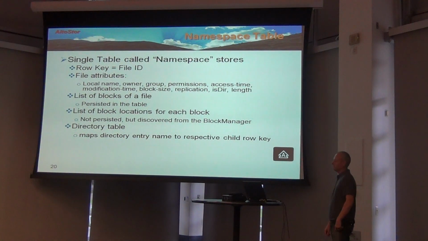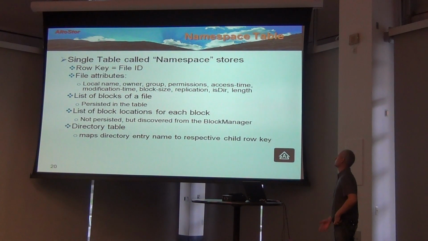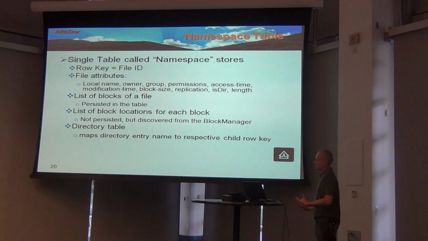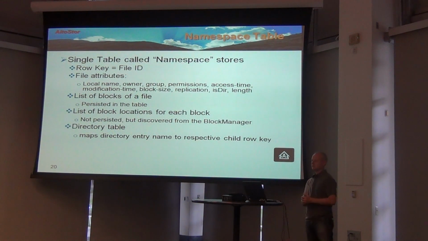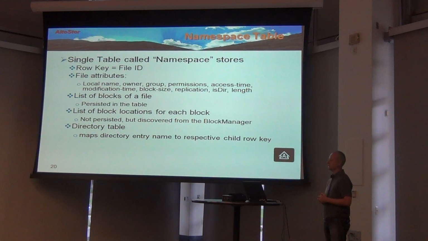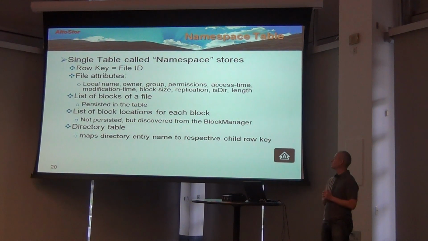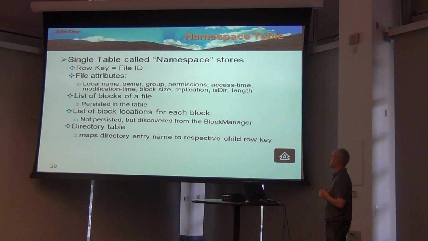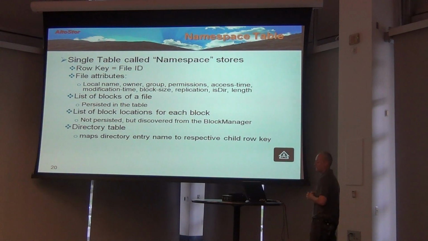Namespace table. In the namespace service, the whole file system is represented by a table called namespace. So row keys play as file IDs, they identify files. The row also contains all the file attributes of the HDFS files, or Giraffa files.